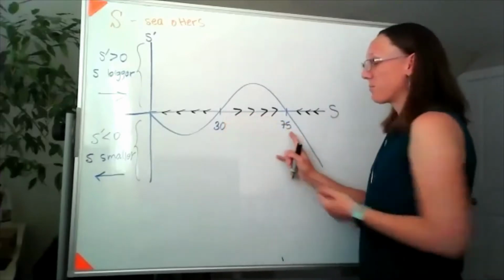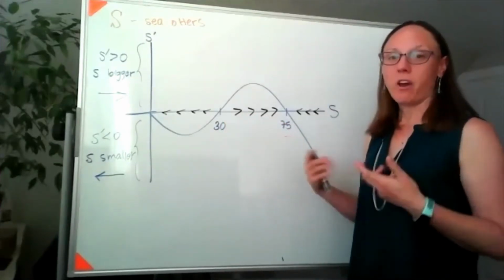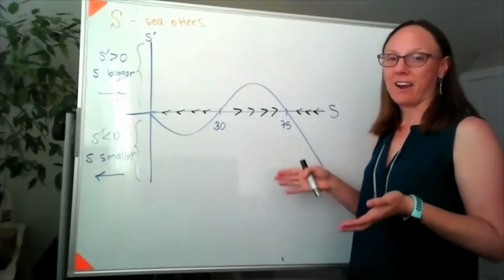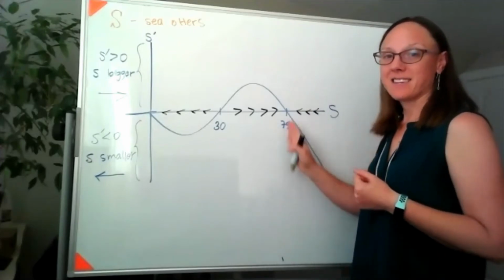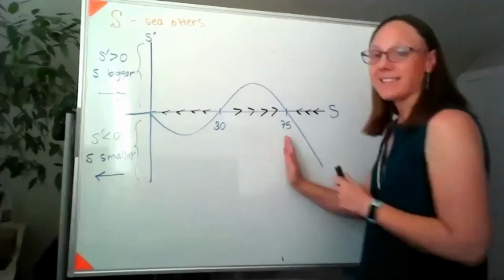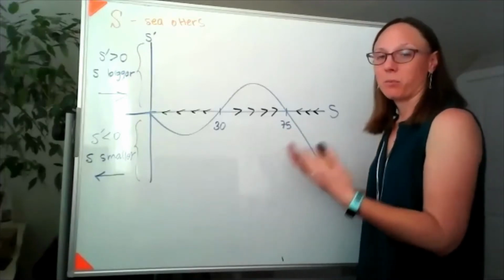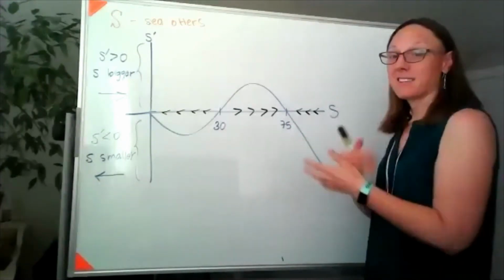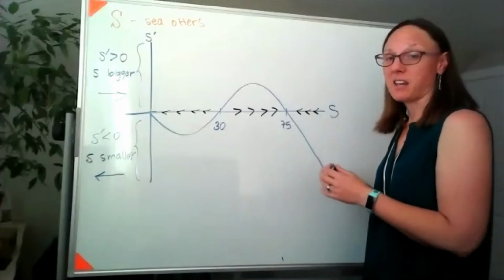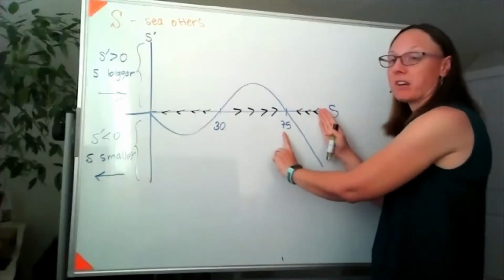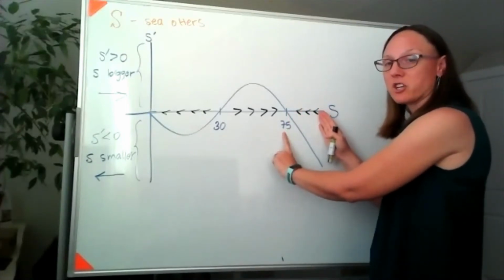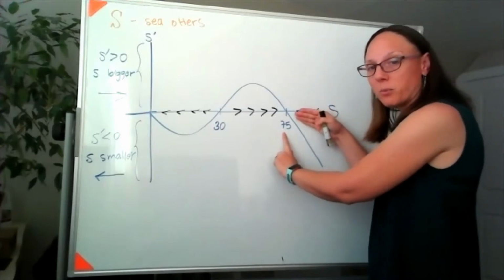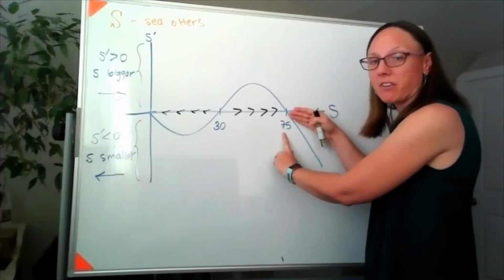Now, this next one, the 75, we often refer to as a carrying capacity. This stable equilibrium is giving us the maximum threshold that this population can sustain. If we get above 75, then these population dynamics are going to move us back down towards 75.